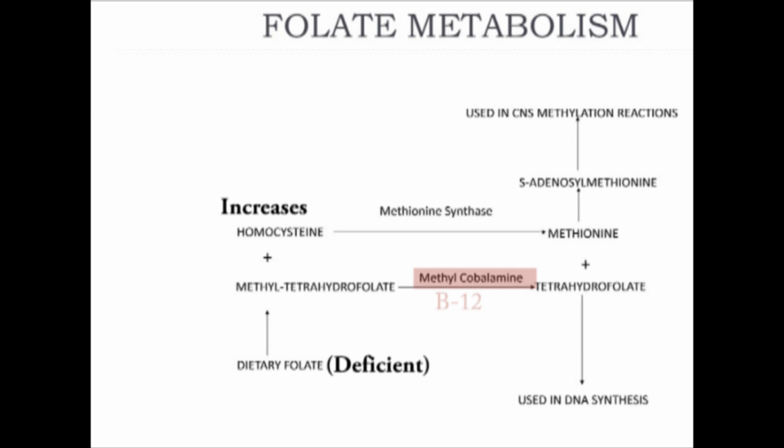Methionine synthase then transfers the methyl over to cobalamin, creating methylcobalamin. However, in the absence of cobalamin, this transfer does not take place, therefore leading also to a slight increase in homocysteine as well.